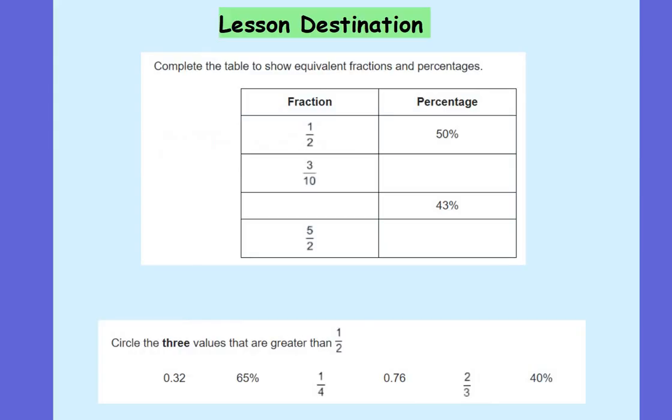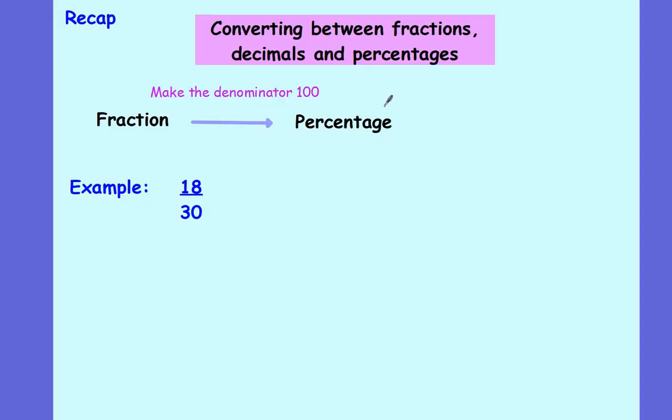Okay, so today's lesson, this is where we are headed. Questions that look a little bit like this. A quick recap. I said to convert a fraction to a percentage, we wanted to make the denominator 100. For example, if I had 18/30, my first step would be to divide by 3. So I've got something over 10.